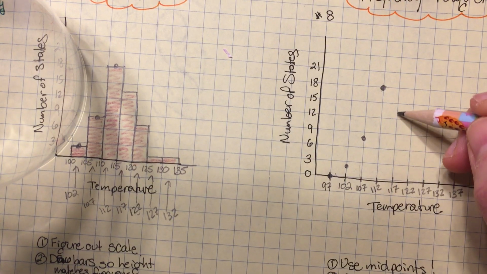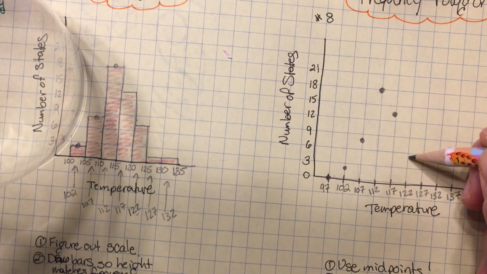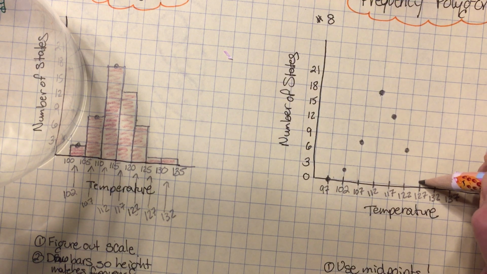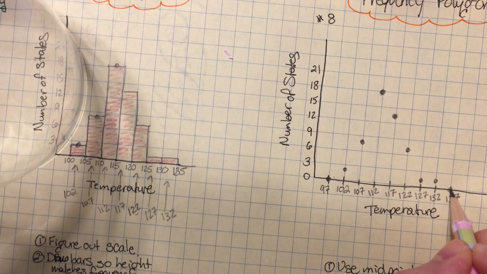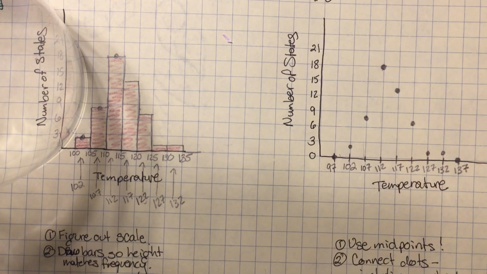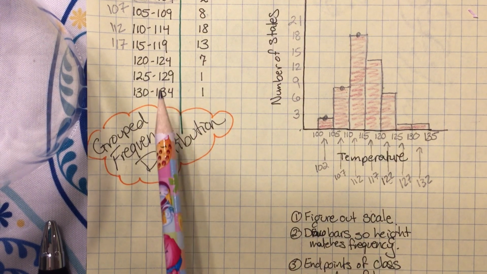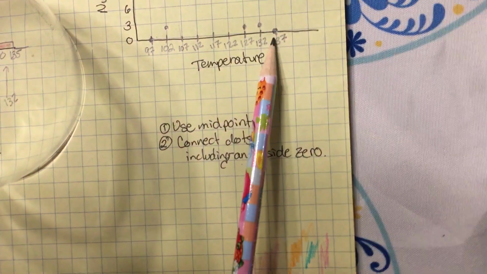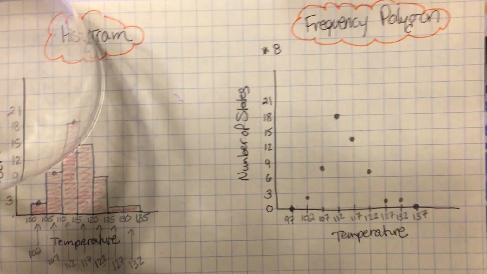And we're back at 13 and 7 and 1 and 1, and then I want to connect at the very end to the axis at 0. So even though my last category ends here, I want to have one more dot at the end and one more at the beginning to be able to connect it to the ground.